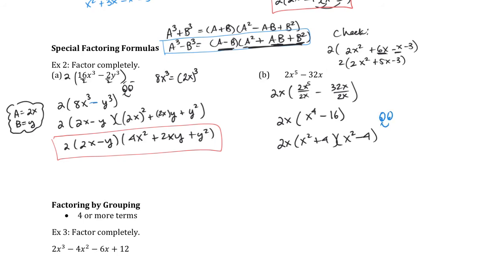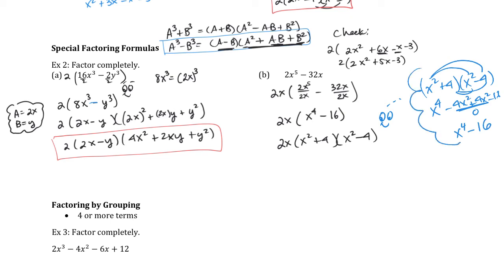x squared plus 4 times x squared minus 4. Okay, so multiplying that out, x squared times x squared, that's x to the 4th. And then minus 4x squared and plus 4x squared and minus 16. The middle stuff adds up to 0, so we'd get x to the 4th minus 16.